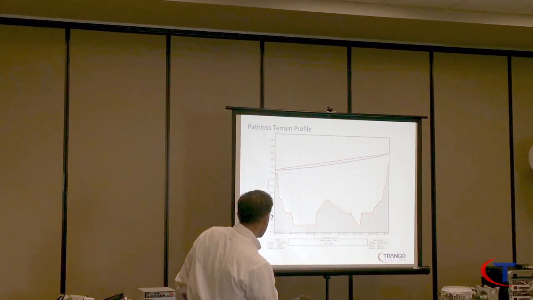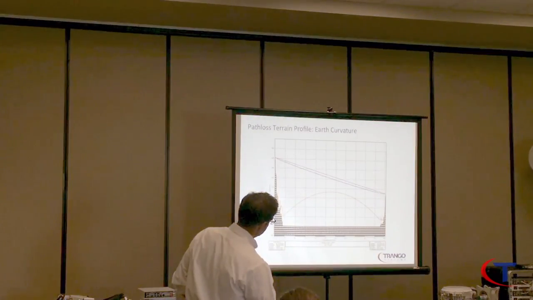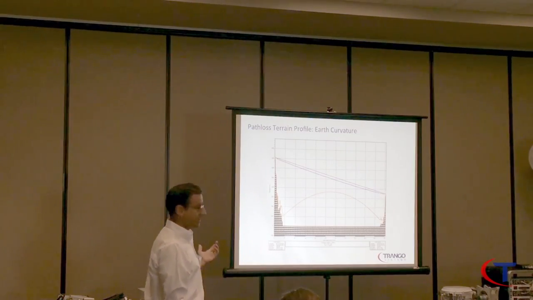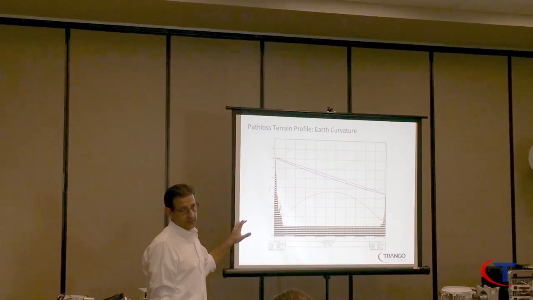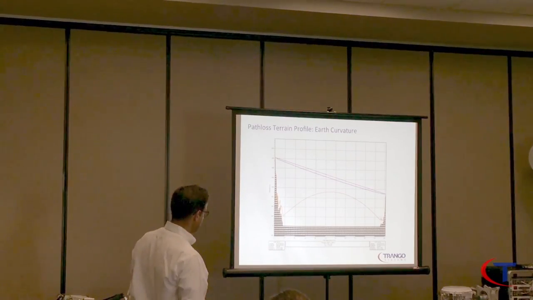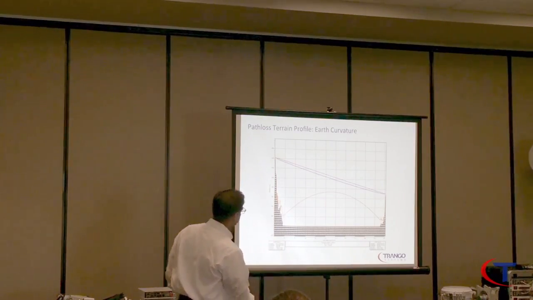This is a fairly short link, 14 miles. But when you start to talk about very long links, we have to consider earth curvature. Right? This is 220 kilometers. This is an actual link between Cyprus and Lebanon. And luckily they have pretty high peaks on each side. This is at 6 gigahertz.